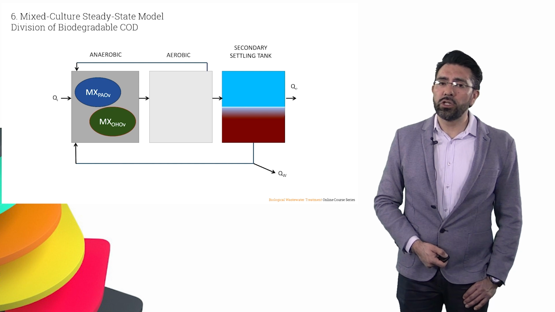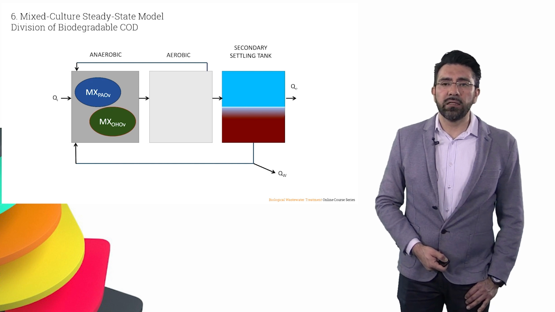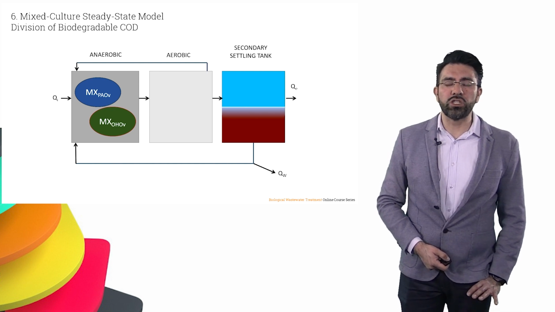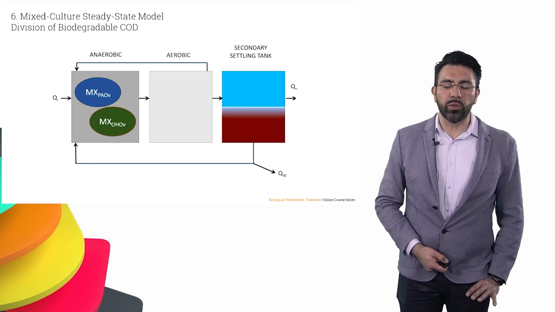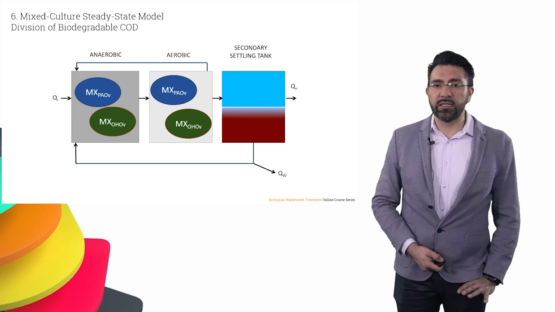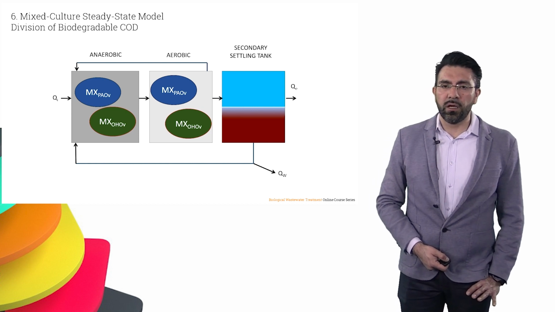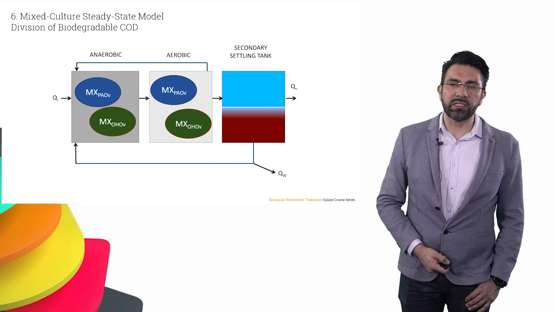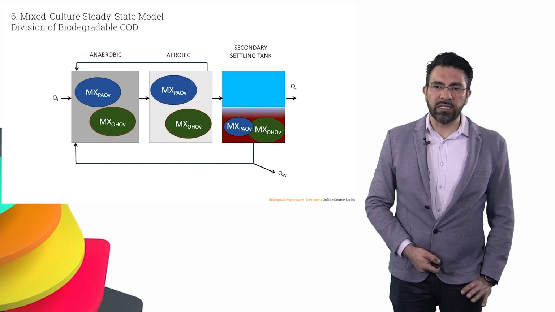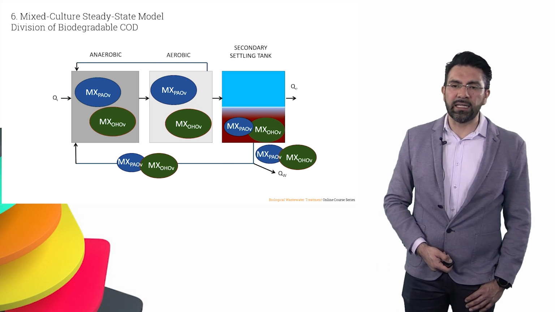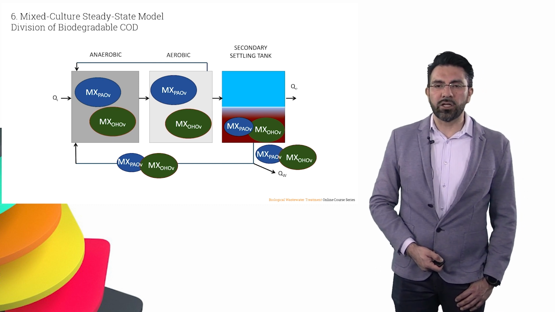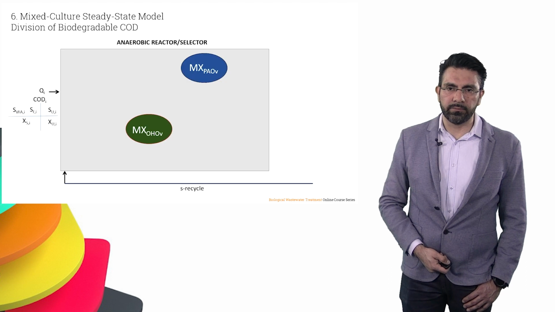It's important to consider that the model assumes that the masses of the PAOs and the masses of the OHOs are proportionally distributed in the whole system. They are equally distributed in the anaerobic stages, in the aerobic stages, in the secondary settling tanks, and also in the waste of activated sludge and in the recirculation of the activated sludge back to the anaerobic system.